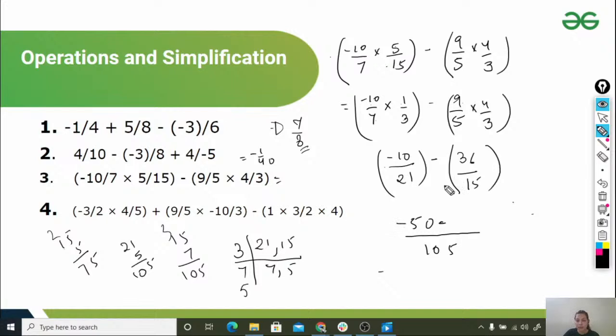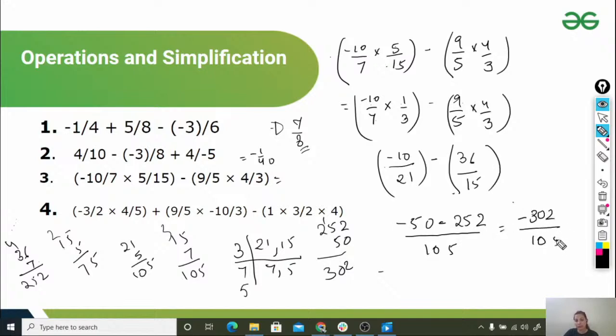Okay, now 36 7s are, let me do over here the rough. 36 7s are 252. So it will be 252. Now minus minus plus, so I have to do 252 plus 50 is 302. That answer would be minus 302 by 105. The answer here is minus 302 by 105.